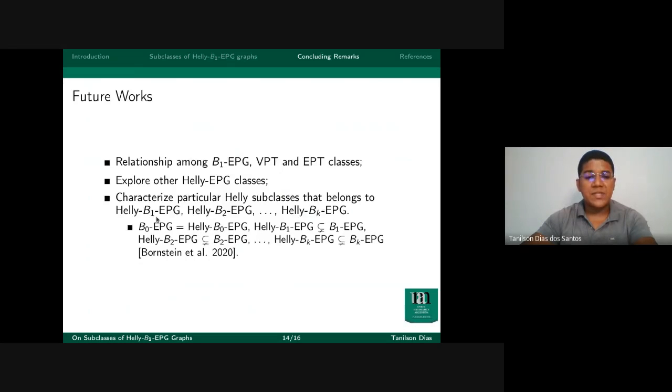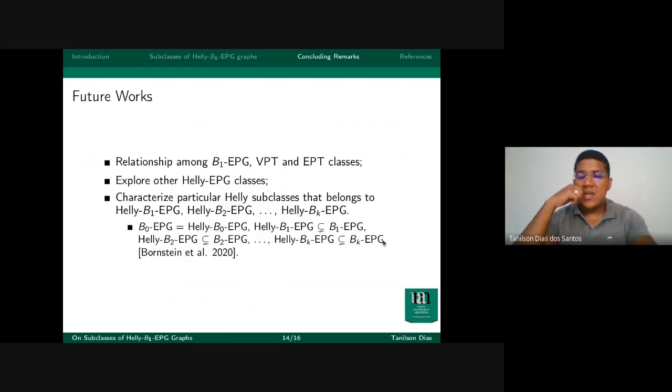In particular, these classes correspond to interval graphs. But the same does not occur for the other classes in this hierarchy. For instance, Helly B1-EPG graphs are properly contained in B1-EPG. Helly B2-EPG graphs are properly contained in B2-EPG graphs. And Helly BK-EPG graphs are properly contained in BK-EPG graphs.